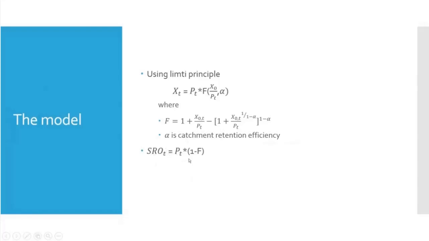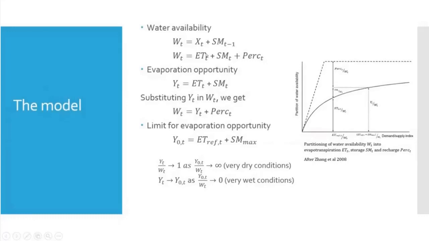So this water availability also can be calculated as the sum of evapotranspiration plus soil moisture plus percolation. So using the same approach, they come up with what is the evapotranspiration opportunity, or the limit for evapotranspiration, which is represented as Y here, the sum of the evapotranspiration demand at that time and the soil moisture.